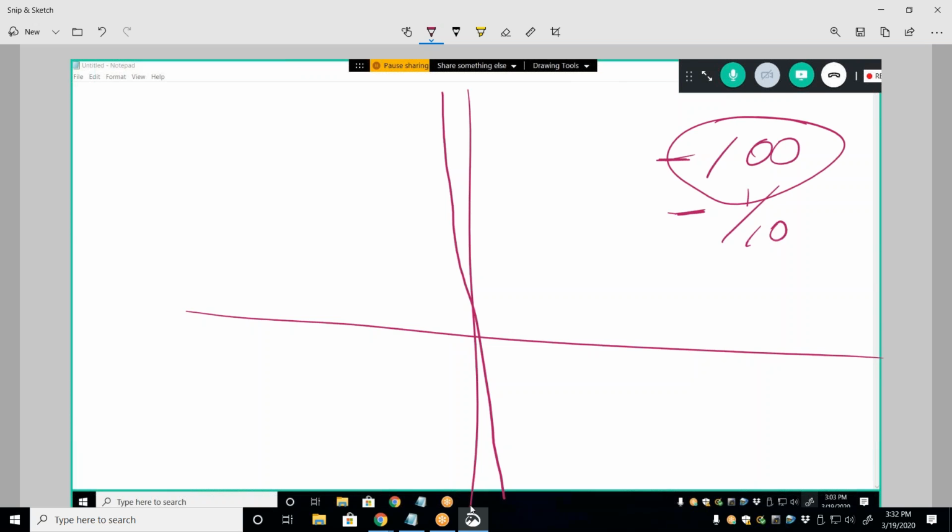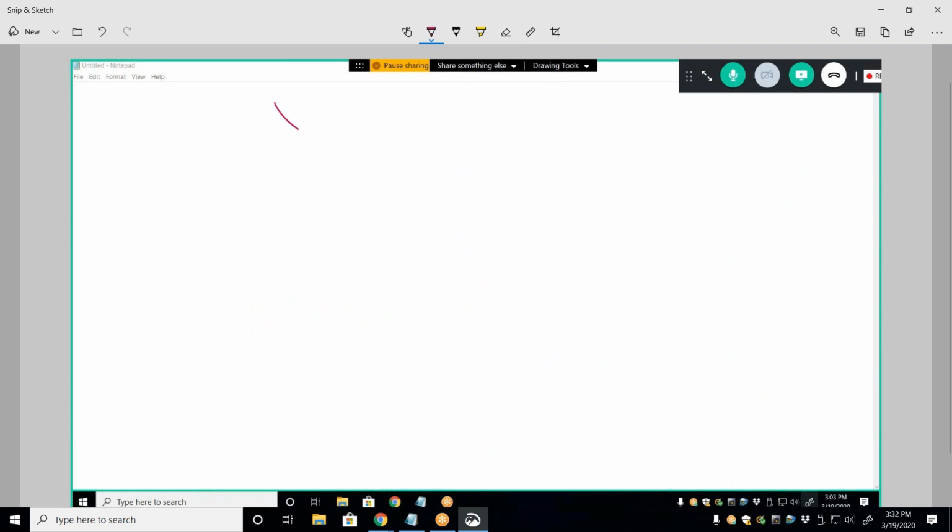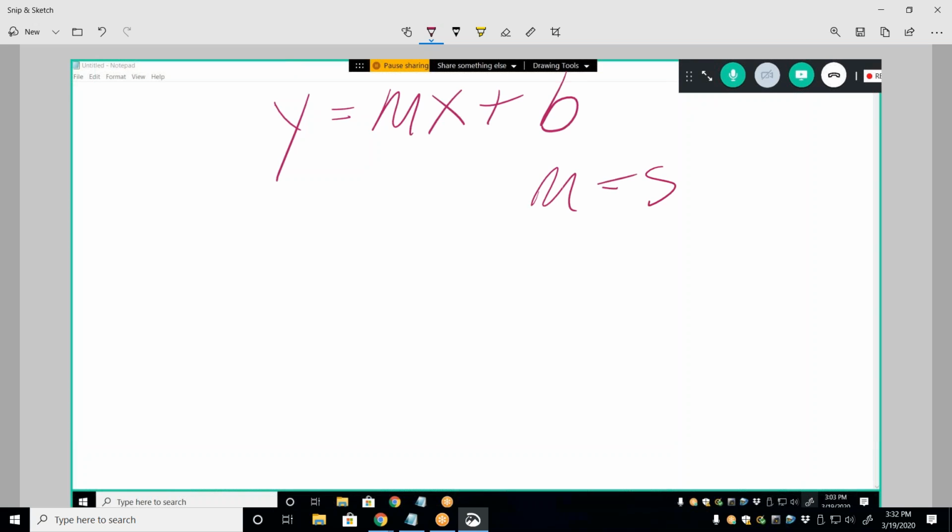A negative 1/10 slope would look something like that. Very, very close to horizontal. Okay? So that's why they put so much attention in this equation, where m is slope and b is the y-intercept.